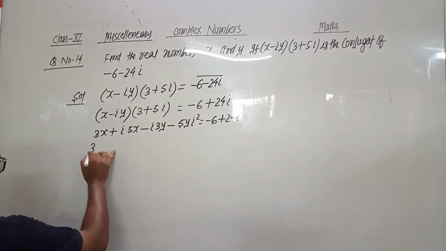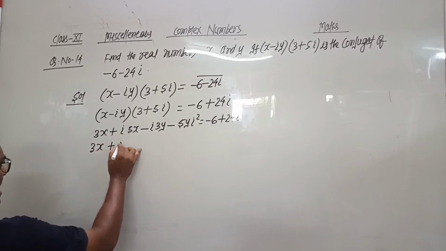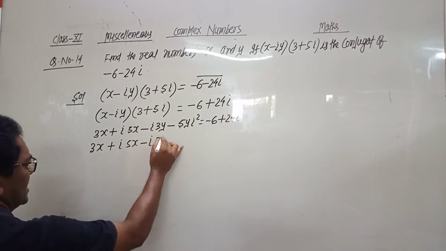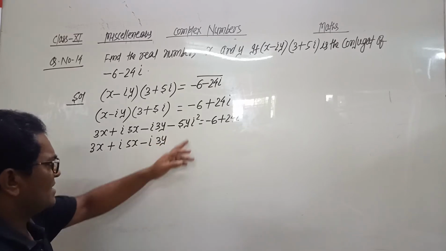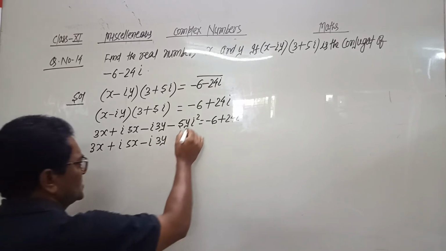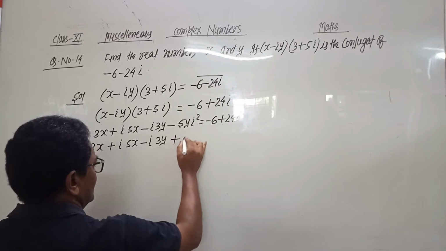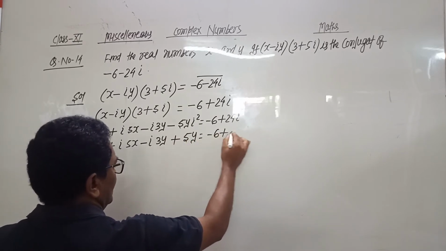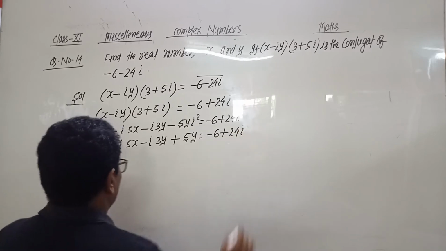So 3x plus iota into 5x minus iota into 3y, and iota square becomes minus 1, so minus minus plus 5y equals minus 6 plus 24 iota.